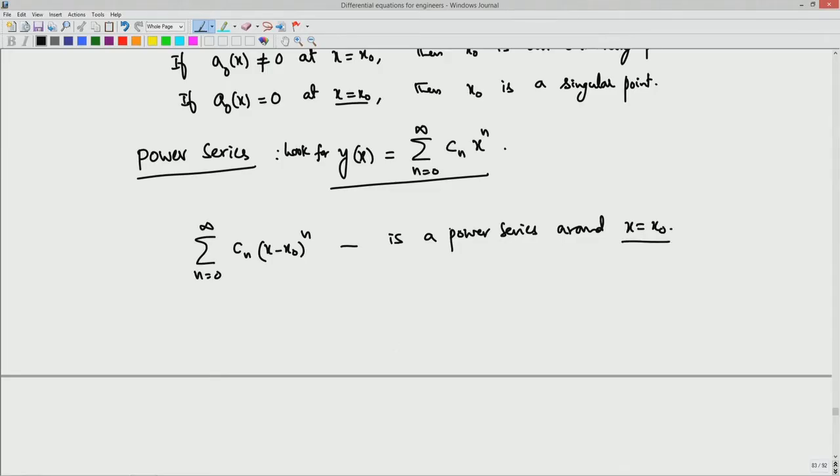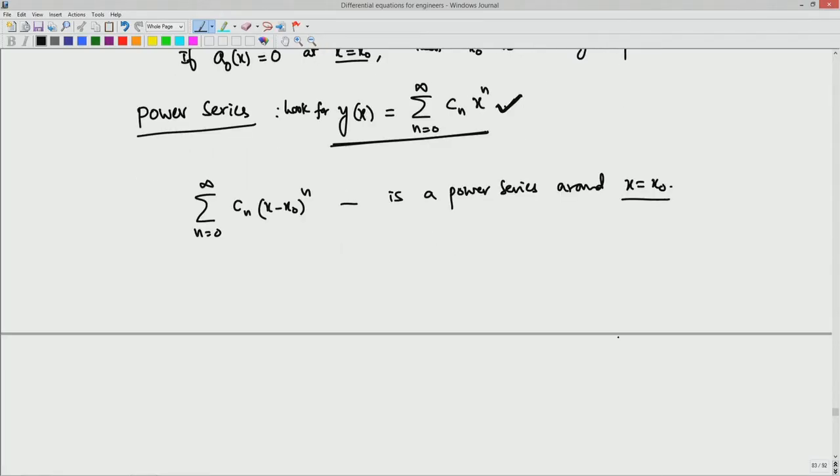So this is the power series around x = 0. With this definition, you look for a power series solution around 0. If 0 is part of the domain, that is, an ordinary point, then we look for a power series in this form. In general, this power series is finite at x = x0.